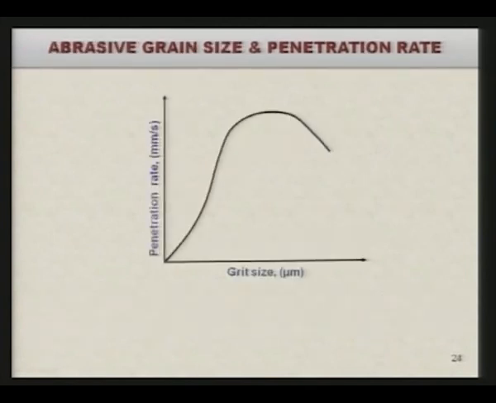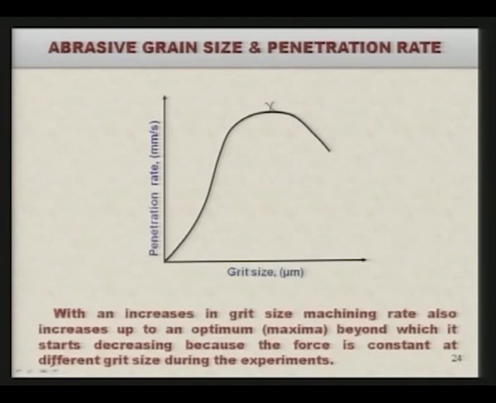Now, grit size, this is another important parameter which affects the penetration rate. As grit size is increasing, there is an optimum value of the grit size where you get the maximum penetration rate in terms of millimeter per second.